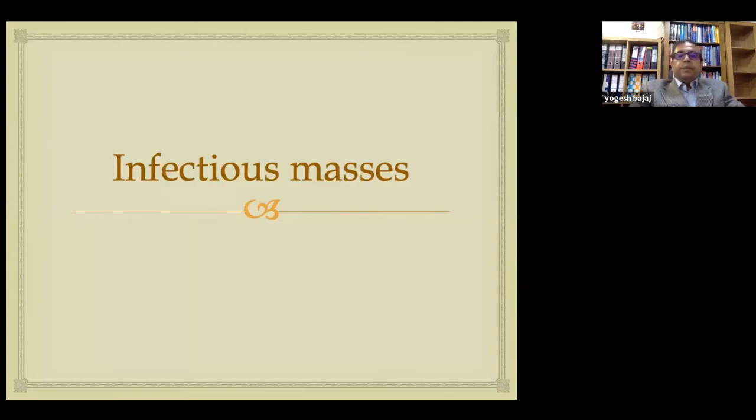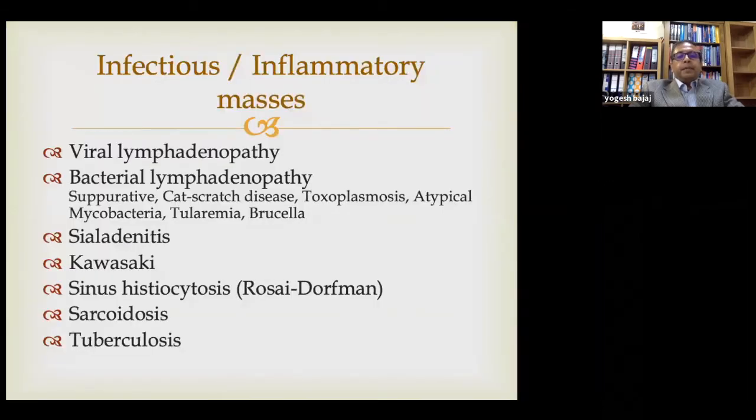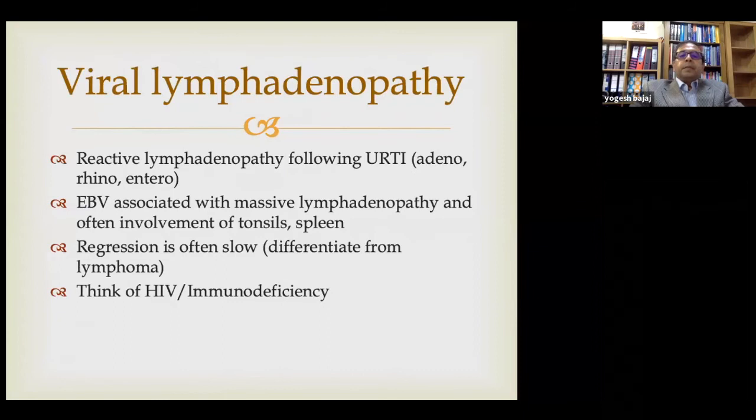Right, moving on, infectious masses. I'm going to skip through the majority of this. So again, a long list of infectious masses. Most common is viral lymph nodes, bacterial abscesses, inflammation in the salivary glands, and further down the list, tuberculosis. So viral lymphadenopathy, very, very common.